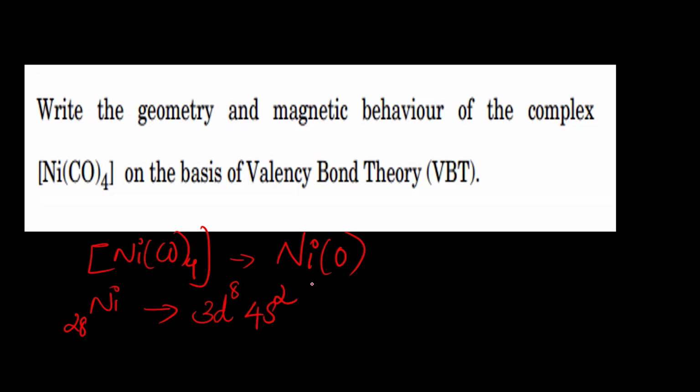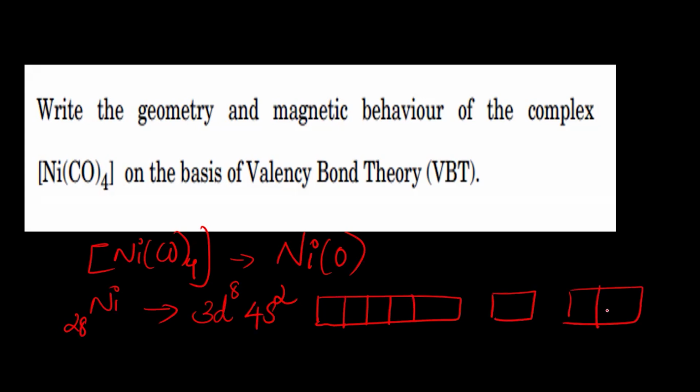So let us draw this structure. Nickel is in 0 oxidation state, so it will be like this. 4s2 and 4p are there sitting free. 3d8, and here the s electrons are there.